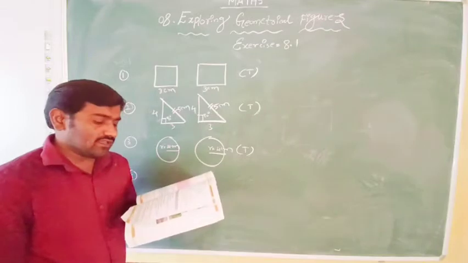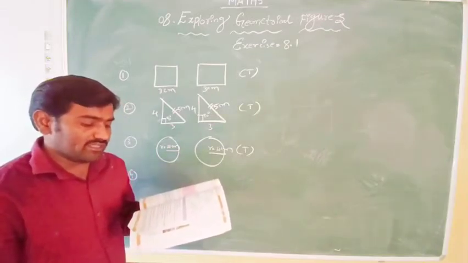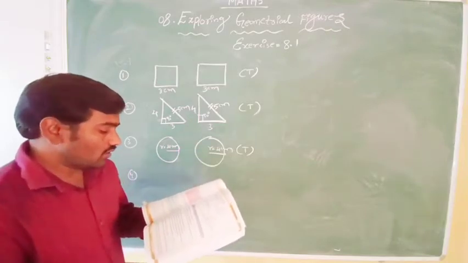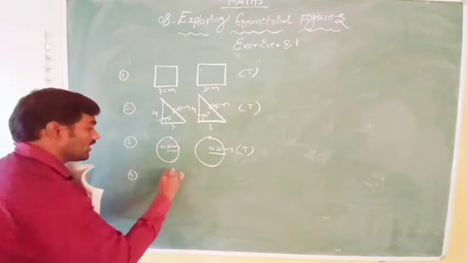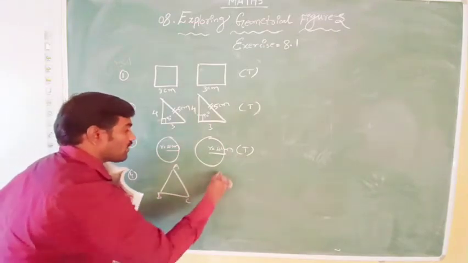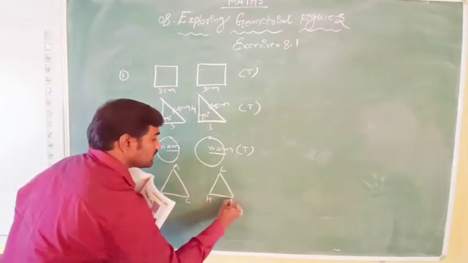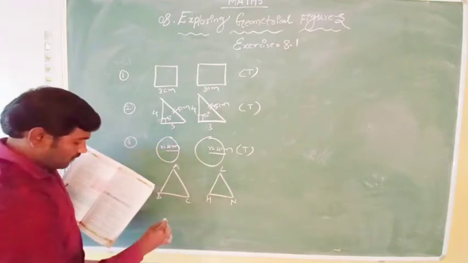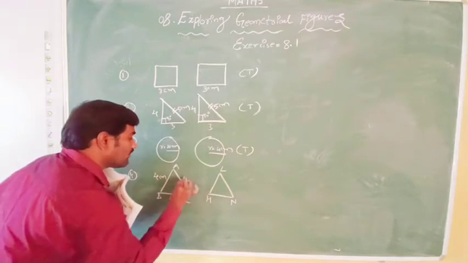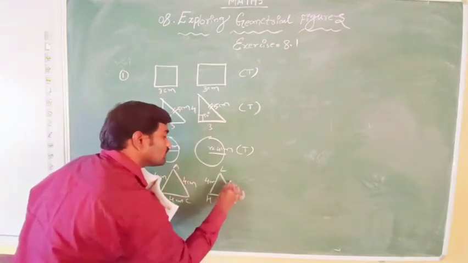Two equilateral triangles with side 4 centimeters each, labeled ABC and LHN, are not congruent. Is it so? No, they will be congruent. Here triangle ABC and triangle LHN have sides of 4 centimeters each: 4, 4 and 4 here, and also 4, 4 and 4 here.